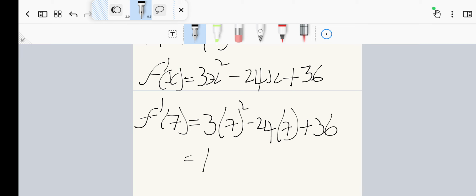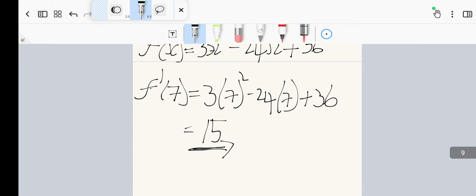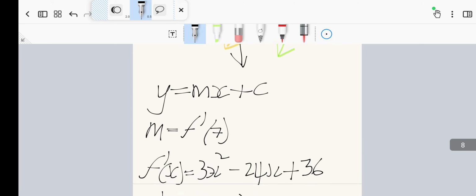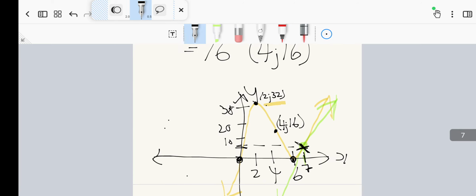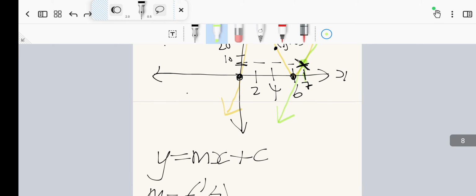Calculator says 15. So what is this 15? That 15 is the gradient at the x, at this dot here. That gradient is 15. So that tells us that this m value is 15.